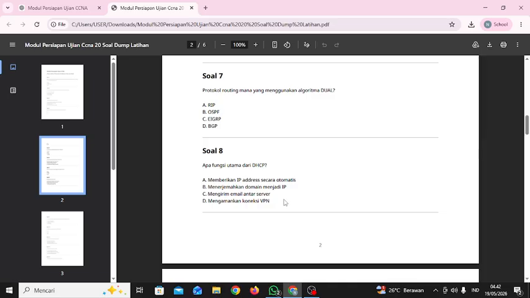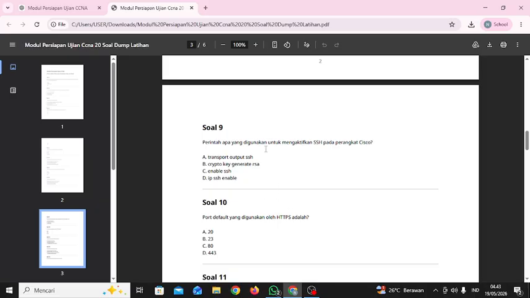The DHCP process: discover, offer, request, and acknowledge. This process is called DORA. DHCP greatly simplifies network management. Okay, next question.